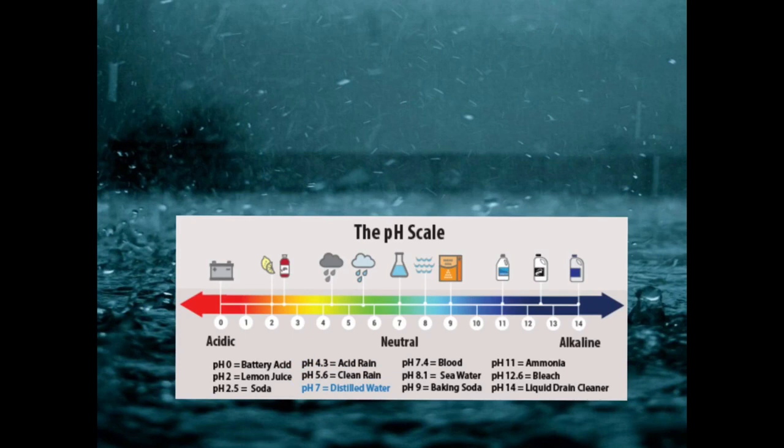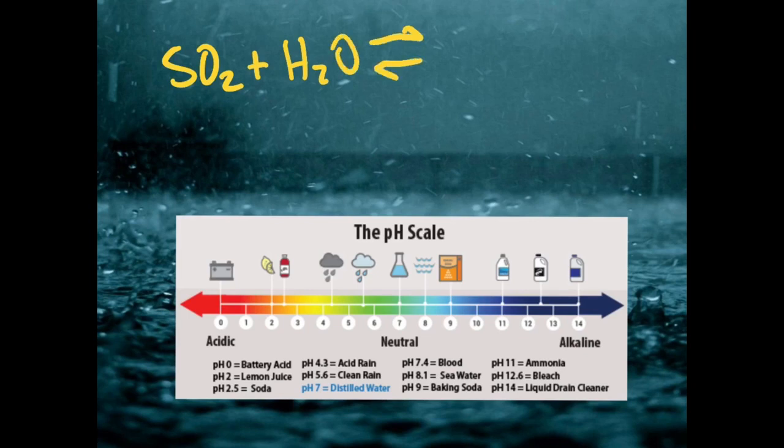The burning of fossil fuels produces SO2. SO2 is sulfur dioxide. When that combines with rainwater, so water in the atmosphere, it forms sulfuric acid. So this is a very strong acid, and this is when we talk about acid rain, this sulfuric acid is what we're really concerned about.